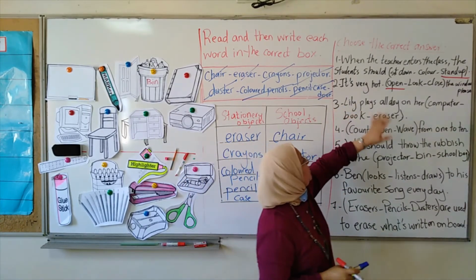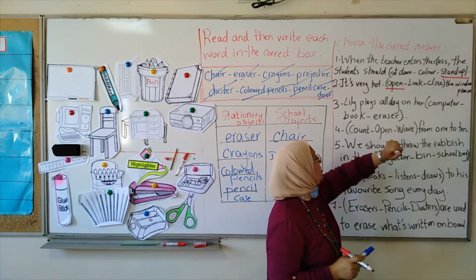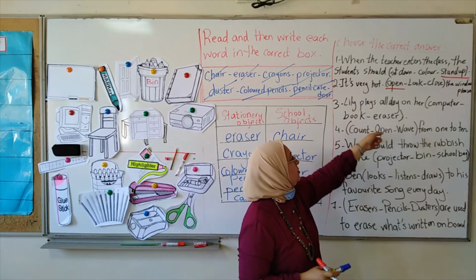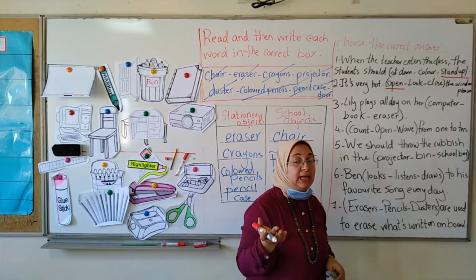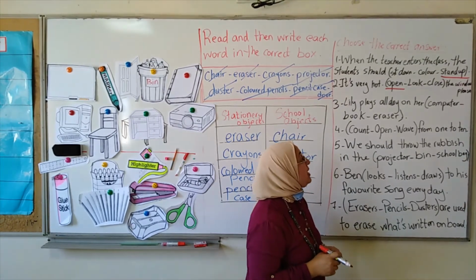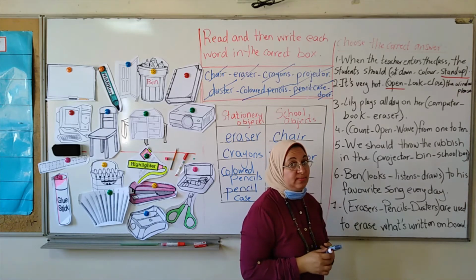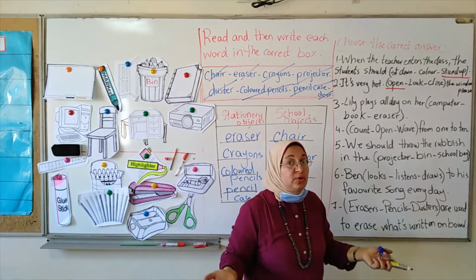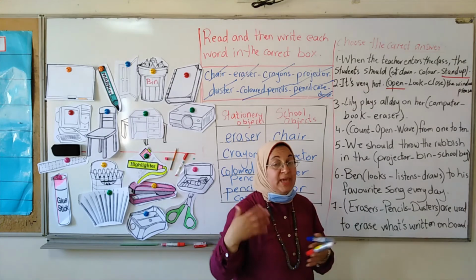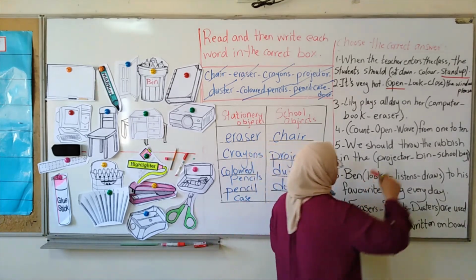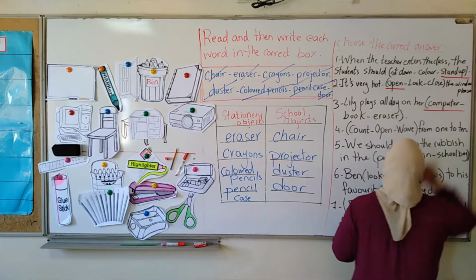Number three. Lily plays all the day on her computer, book, or eraser. So of course, computer. Maybe she's playing some games on her computer. So we are going to underline computer.